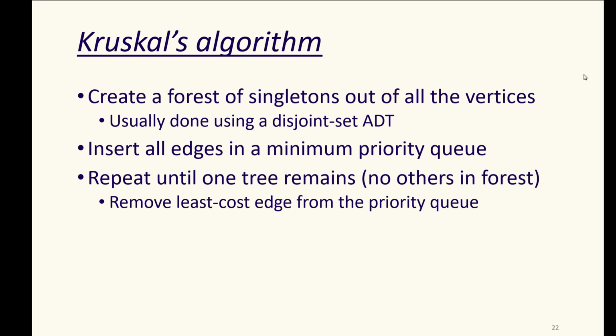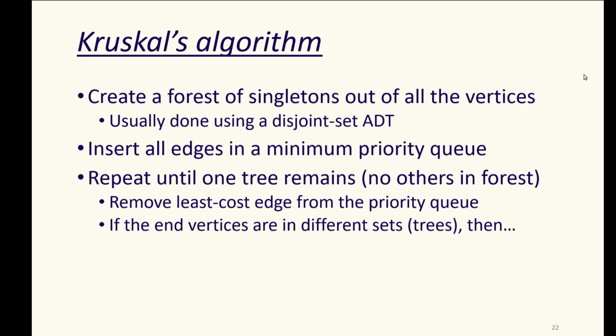So we loop on removing the least cost edge from the priority queue. This lets us get the best connection between pairs of things and rely on that we have that best connection later. So if the two end vertices from that edge are in different sets, or different trees in our forest here, then they're not already connected yet.